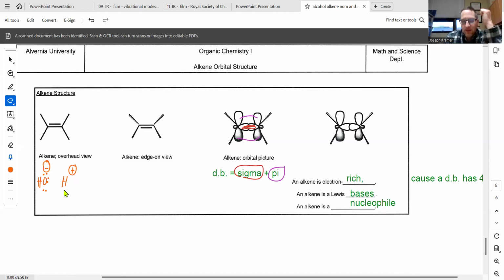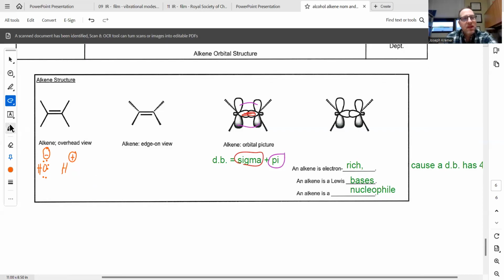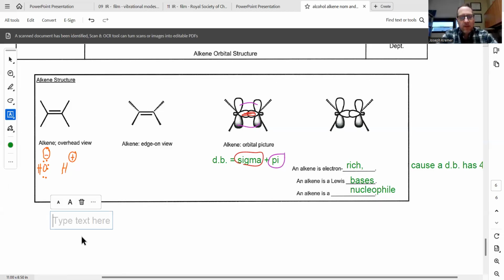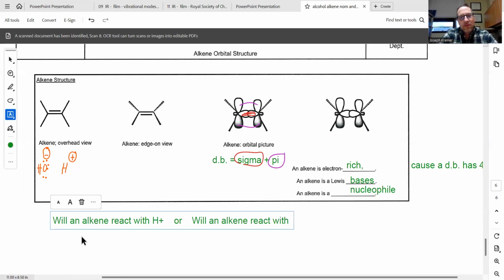And here's the ion of acidity and the ion of basicity. Will an alkene react with H plus, or will an alkene react with HO minus?